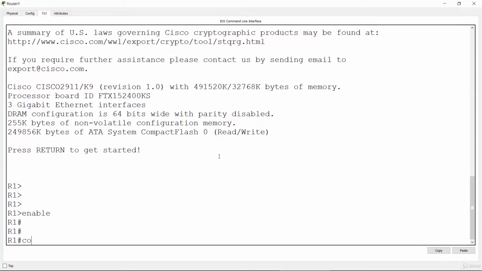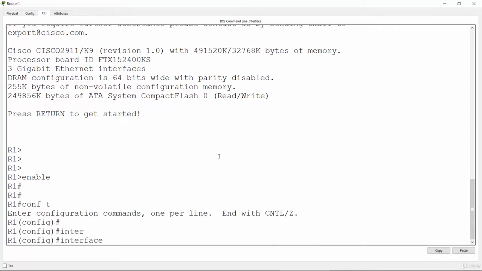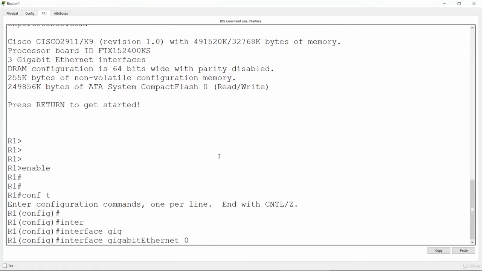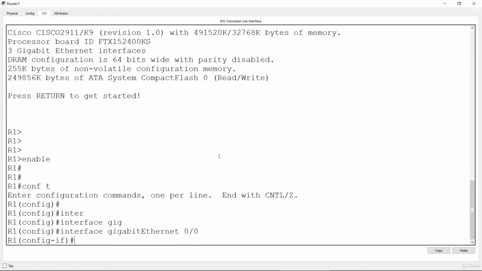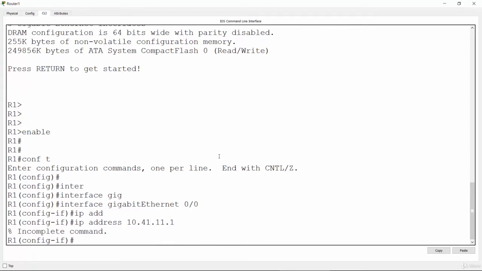Let's get into the config mode and let's say interface gig0/0, and I'm going to give the IP address 10.41.11.1 for router 1.